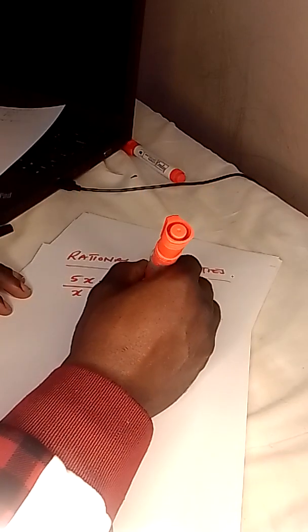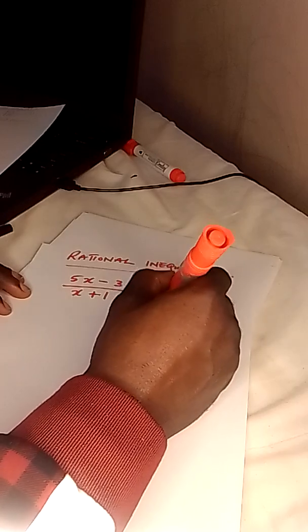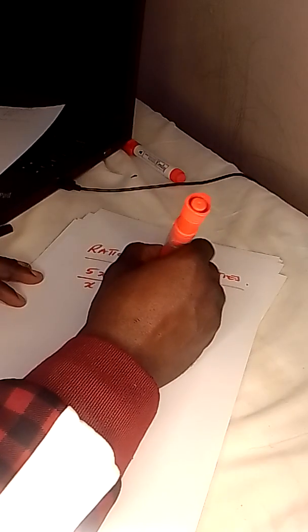such as, say, (5x minus 3) over (x plus 1) is less than 4 over, say, (x plus 1), and they want you to solve for x.